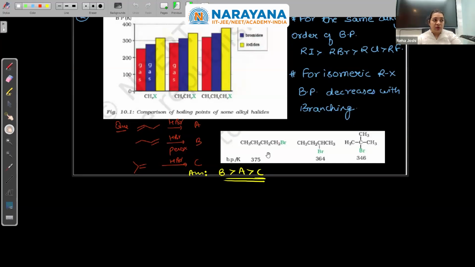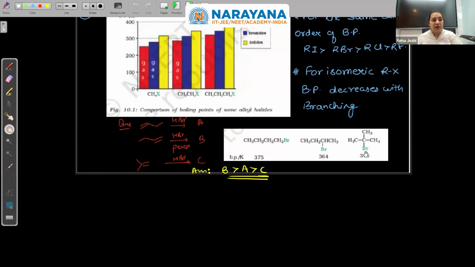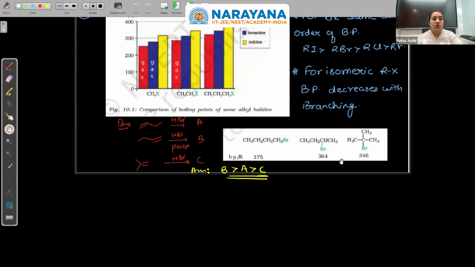Okay? But you cannot simply say 1 degree and 2 degree also have the similar trend. It is 3 degree, then this one 1 degree, then least is 3 degree, then a bit higher is 2 degree. Okay, and then comes the primary.